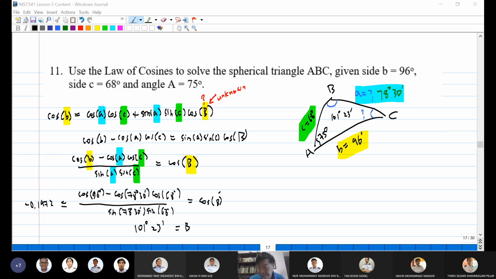Still two people are not here. So now I want to find angle C. I'm going to change a little bit here. The yellow part will be here now. Yellow part is C here, angle C, and let's say this is the green part now.